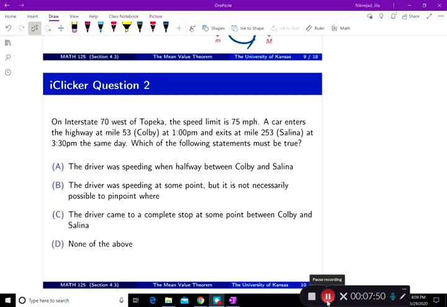I compare question 2 of section 4.3. On Interstate 70 west of Topeka, the speed limit is 75 miles per hour.